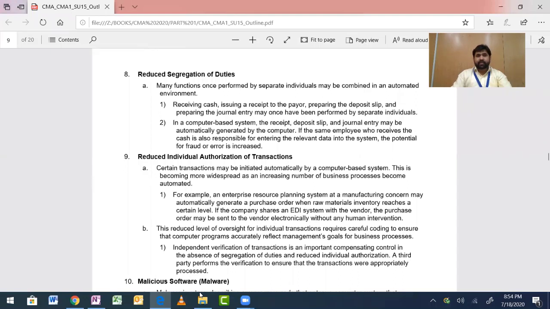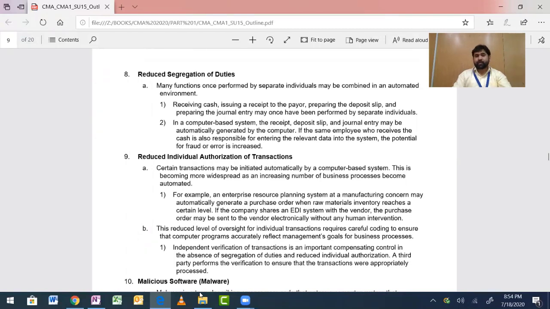Reduced segregation of duties. So many functions once performed by separate individuals may be combined in an automated environment. Receiving cash, issuing a receipt, preparing a deposit slip, preparing a journal entry may once have been performed by separate individuals. In a computer based system, the receipt, deposit, journal may be automatically generated by the computer.